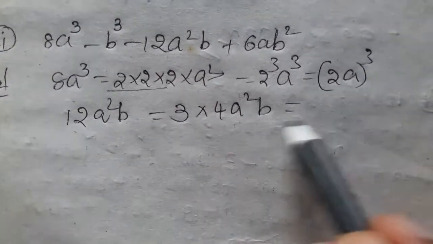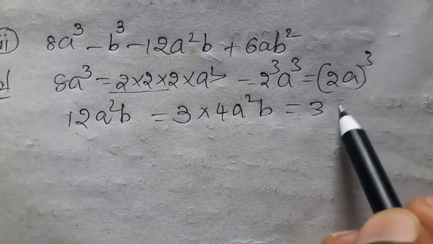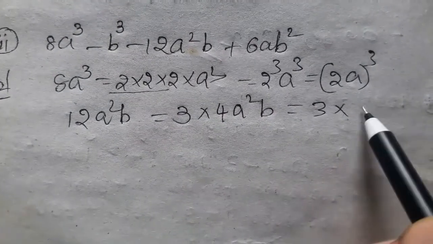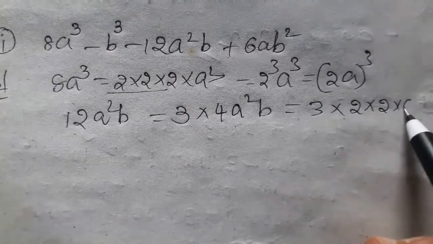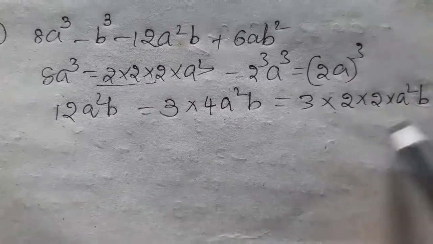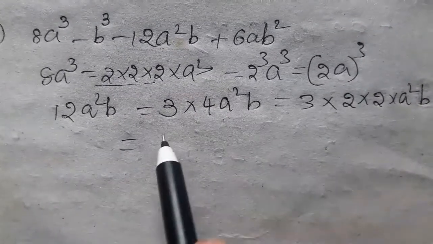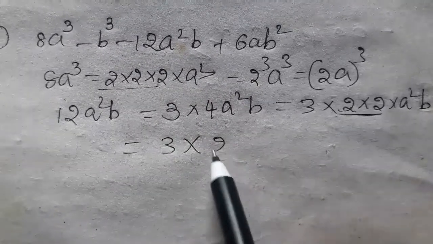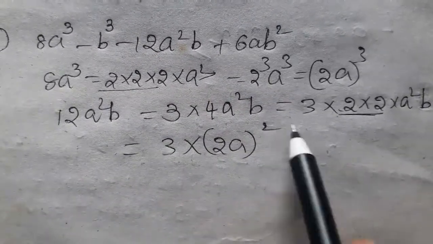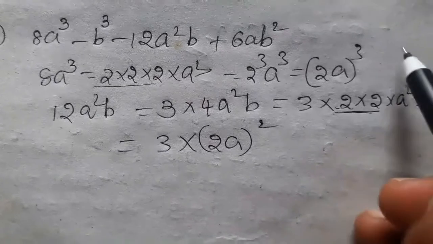This can be converted as 3 into 4, which can be converted as 2 into 2, into a square into b. Once again that can be written as 3 into 2 square, which can be written as (2a) whole square. Why? Both are having a square, isn't it?